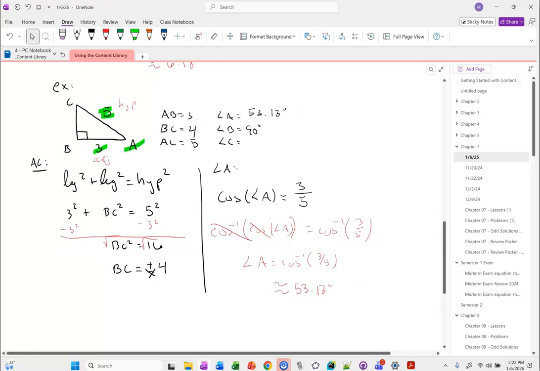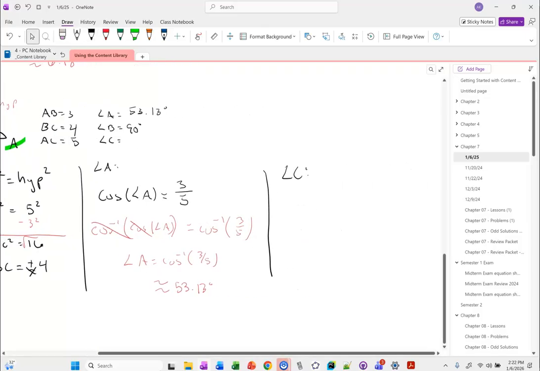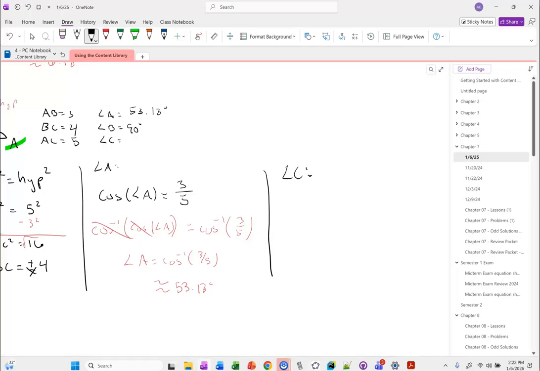Okay. One left. How do I find angle C? You could, but you're doing too much.